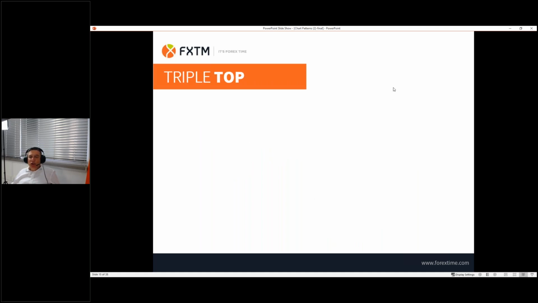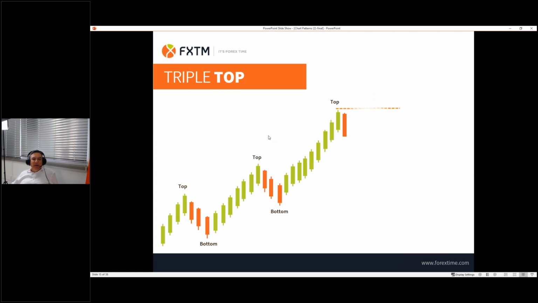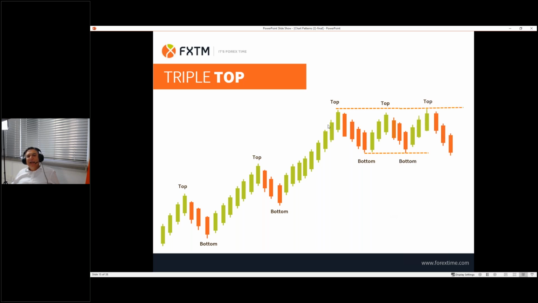Okay, we go on. Triple top. Not only two tops, but also three tops. So we have the first prerequisite, which is a beautiful uptrend, as defined by higher tops and higher bottoms. This is Charles Dow's theory, after all, of defining trend. And then we identify three tops at about more or less the same price level. More or less, because they cannot really be at exactly the same price level.